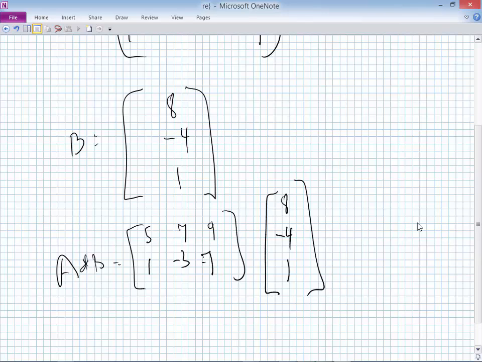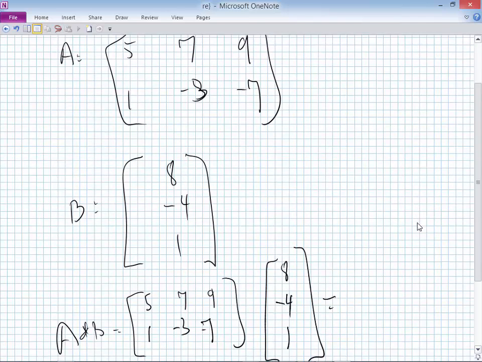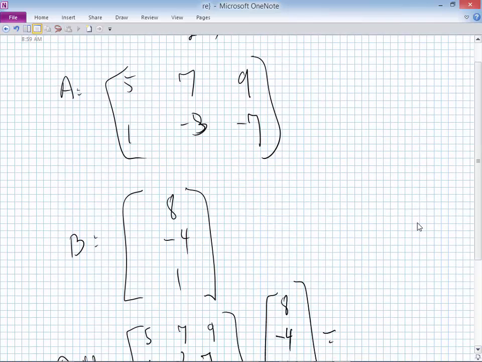Now the size of this matrix is going to be, in this particular case, this one here is a 2 by 3, and this is a 3 by 1. So the size of the result is going to be 2 by 1 is what it's going to end up being. Excuse me, is that right?